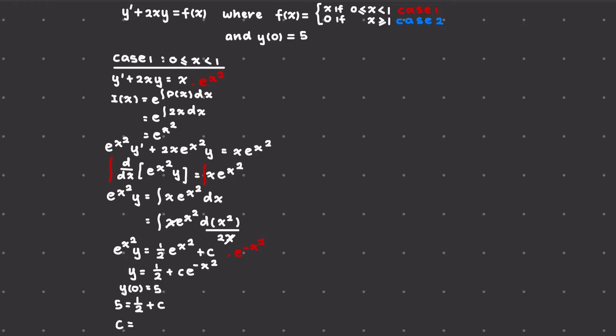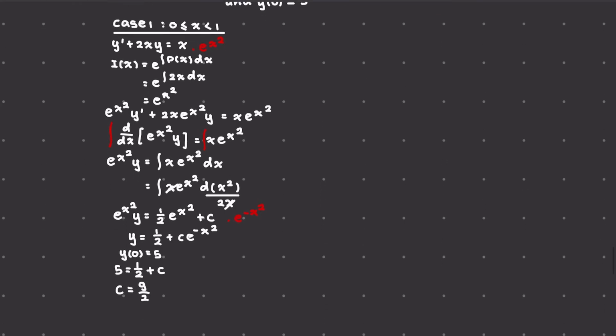So c is just 5 minus 1 over 2, which is 10 over 2 minus 1 over 2, which is 9 over 2. So c equals 9 over 2 here. Substituting it back for c into our equation, we get y equals 1 over 2 plus 9 over 2 e to the negative x squared.